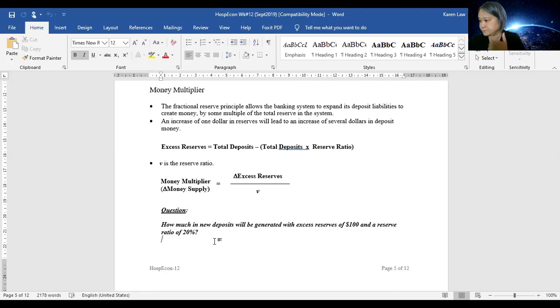I'm just going to work on an example here. Let me stop sharing and start sharing again. Okay, let's say hypothetically that someone came in and deposited $5,000 into TD.